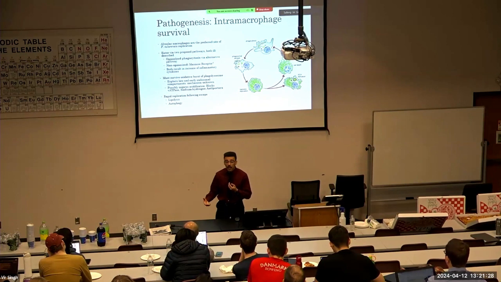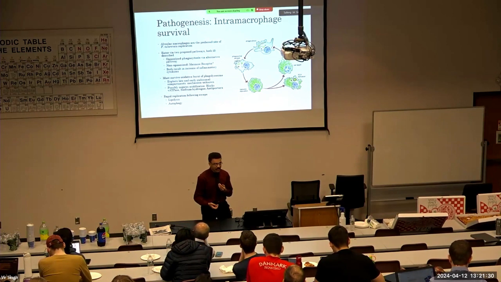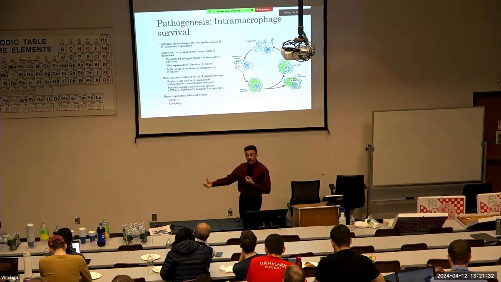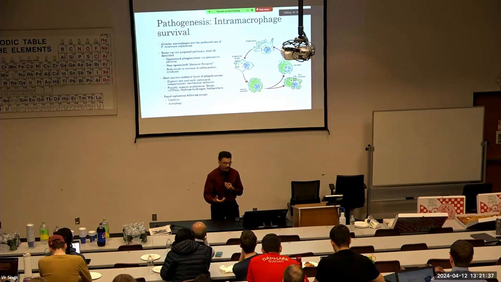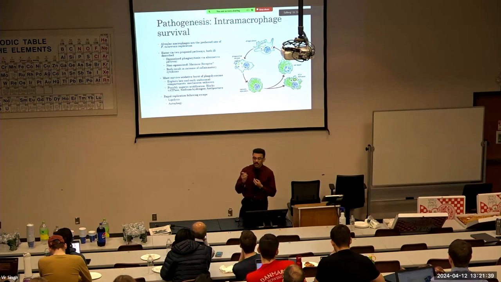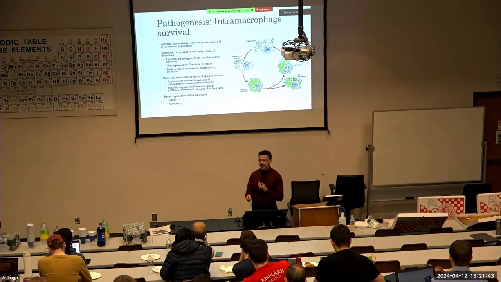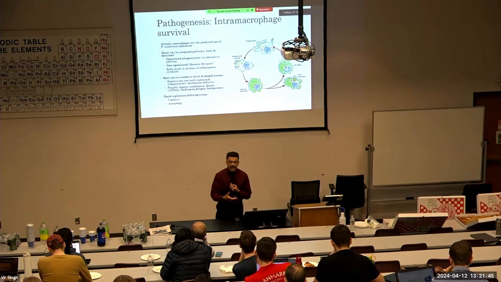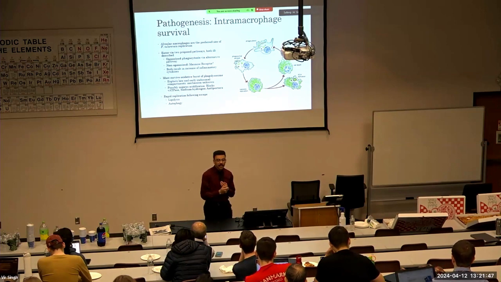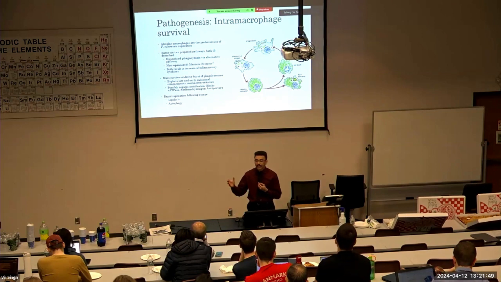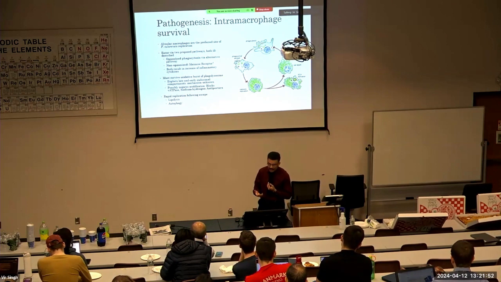But the result for both is that there is a massive increase in inflammatory cytokines, which then recruit more innate immune cells, which allows this pathogen to survive. The next and most critical part of the life cycle for Francisella is its ability to survive within the phagolysosome. As other people have stated, the phagolysosome is a very antimicrobial environment through low pHs, differences in nutrients and things like that.